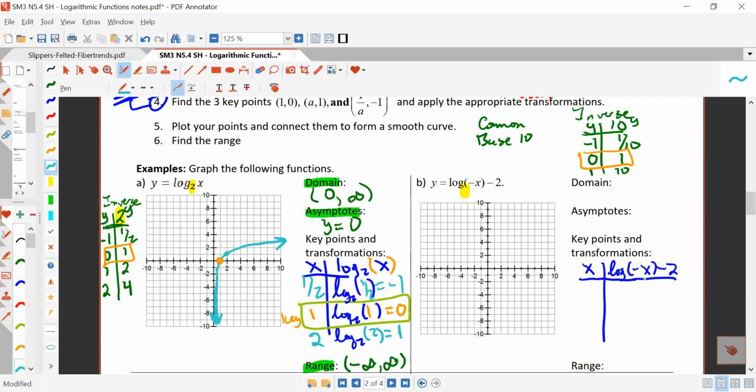That looks like there's going to be some kind of flip on the x. And then the minus 2 there means it should move down 2 units, okay? But I'm pretty much going to start with my key point, which is going to be, let's see, log.